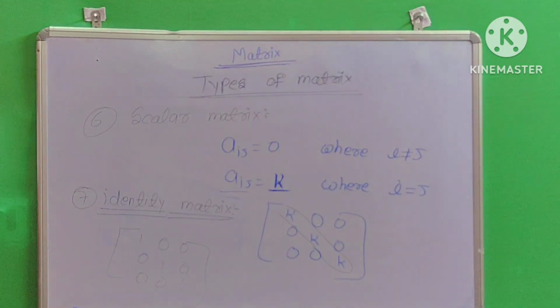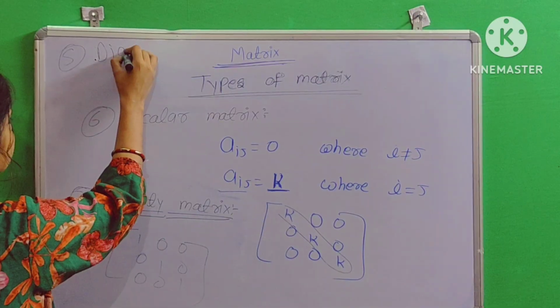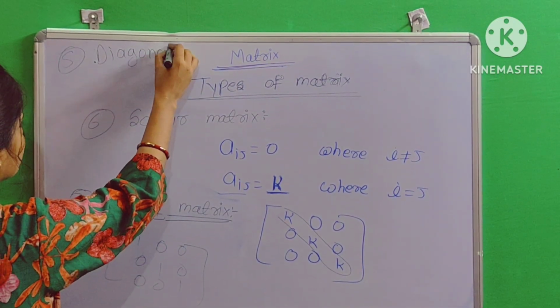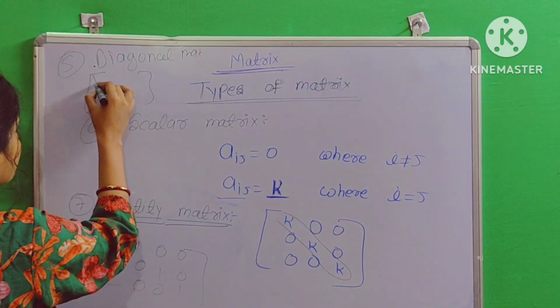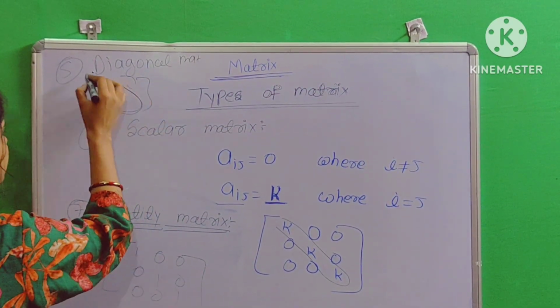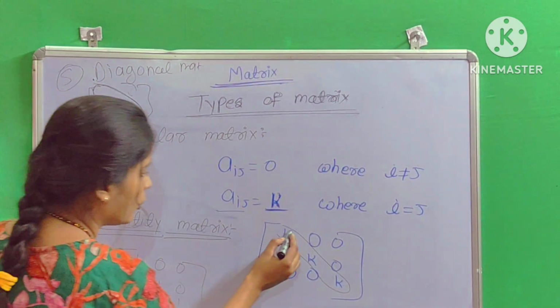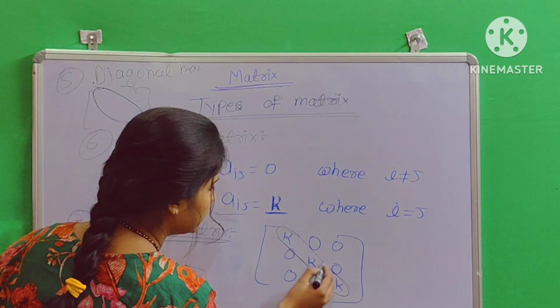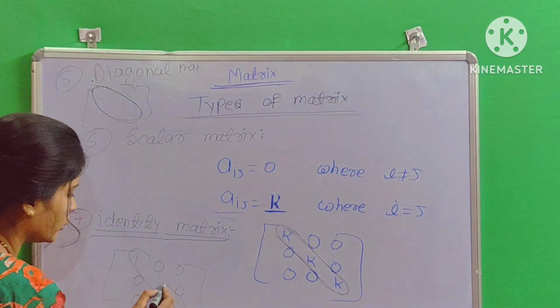What I told before: diagonal matrix means all values are 0, leaving the diagonal. In a scalar matrix all diagonal elements are equal, and in an identity matrix all diagonal elements are 1.